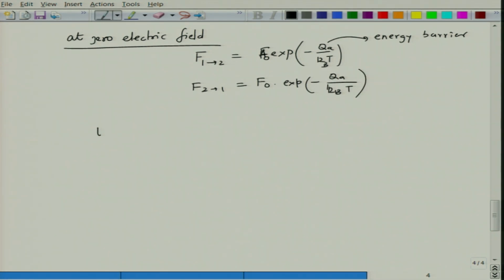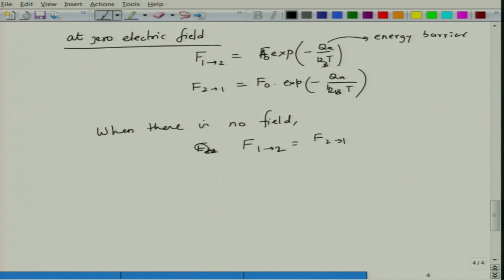So, when there is no field, then F12 will be equal to F21, right. There are equal energy barriers from both sides.